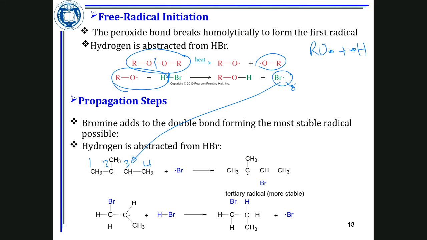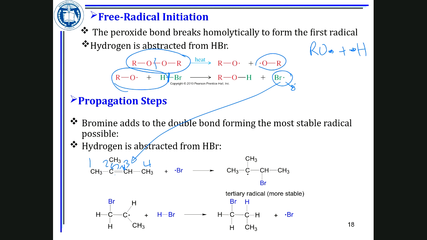So basically what you have here is homolytic cleavage, 1 electron to this side and 1 electron to the other side. When bromine comes in and forms a bond with carbon 3, carbon 2 would take the free radical. If bromine forms a bond with carbon 2, carbon 3 would take the free radical.